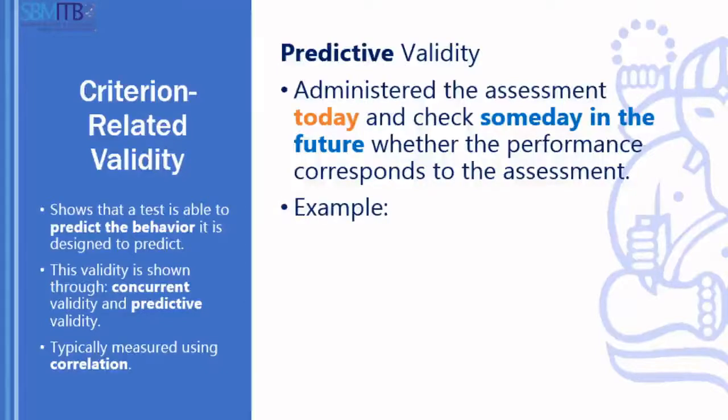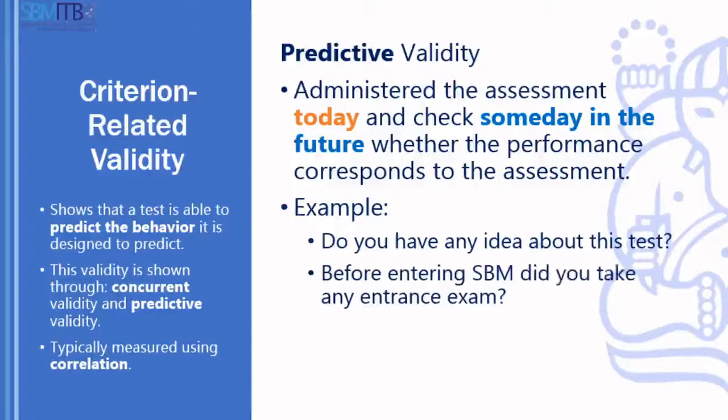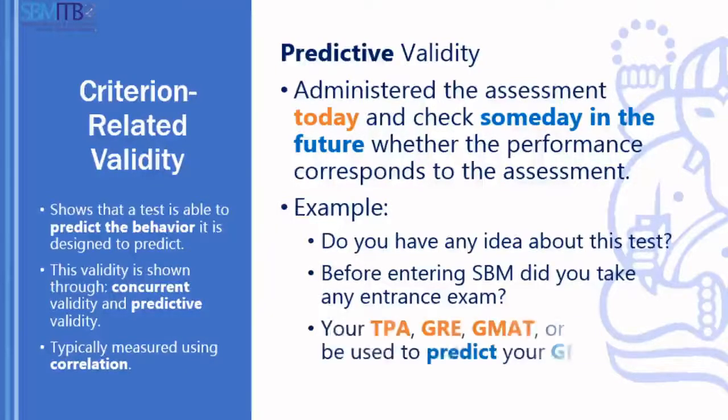Do you have any idea about this test? Before entering SPM, did you take any entrance exam? Well, your test of academic potential, or TPA, and other tests such as GRE, GMAT, or SAT can be used to predict your GPA.